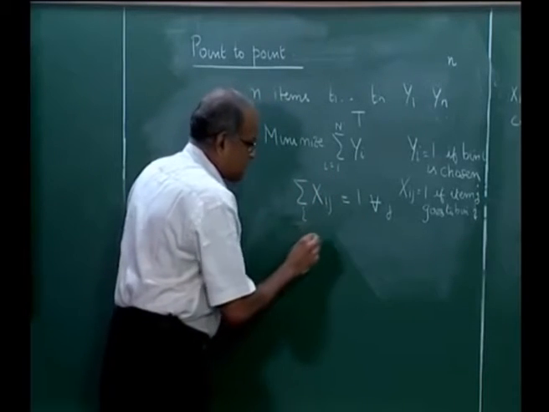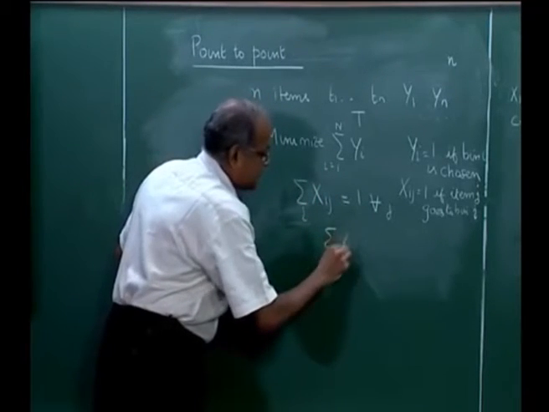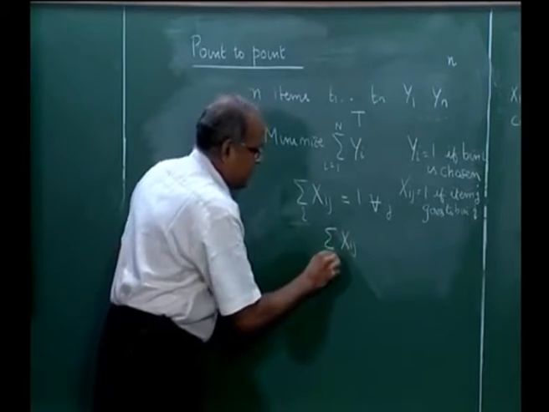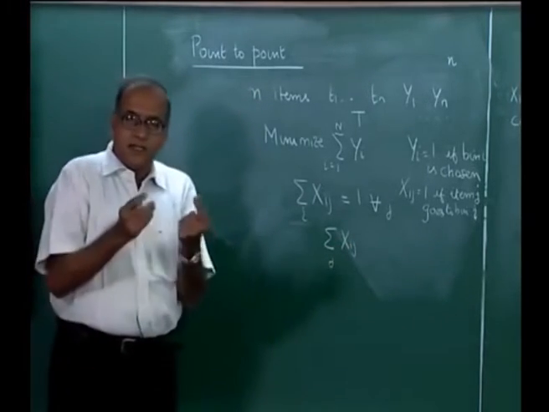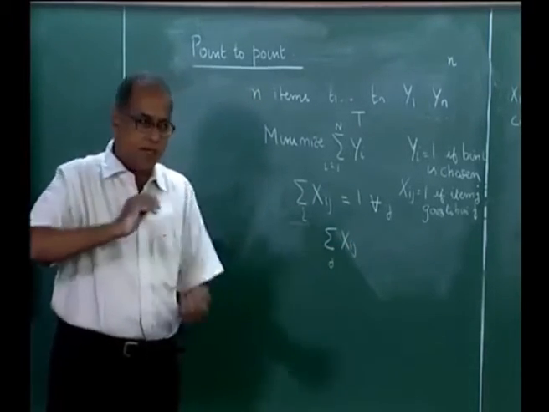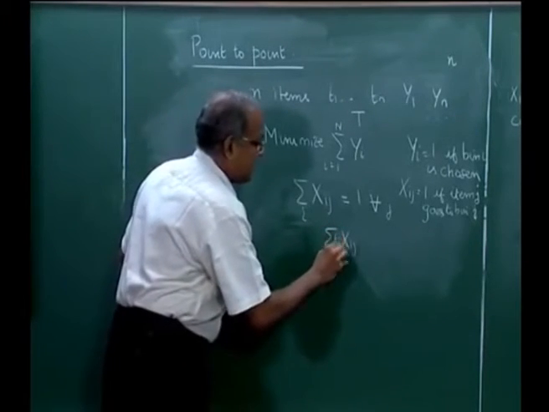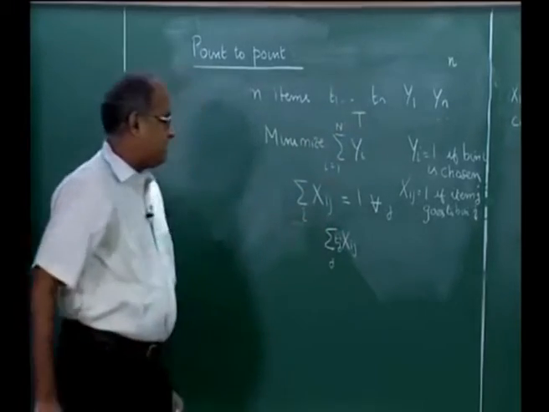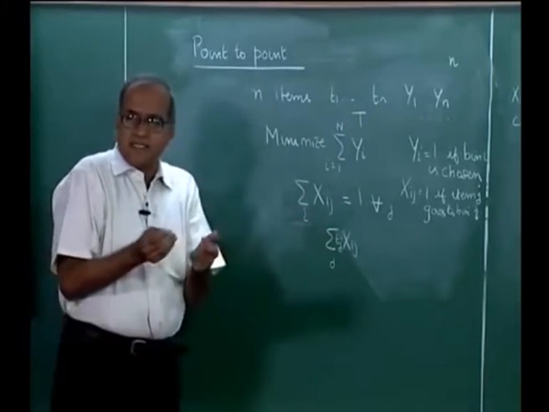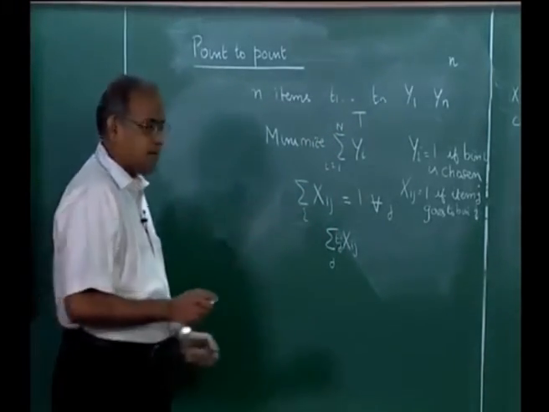Now, as far as the bin is concerned, sigma xij summed over j gives the items that go to a particular bin, and Tj is the length of the jth item. So, Tj xij is the length associated with this bin.